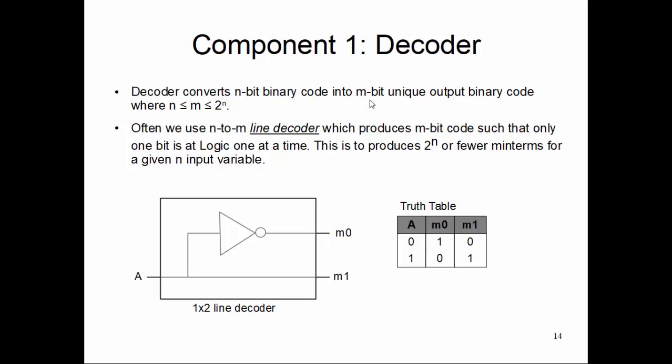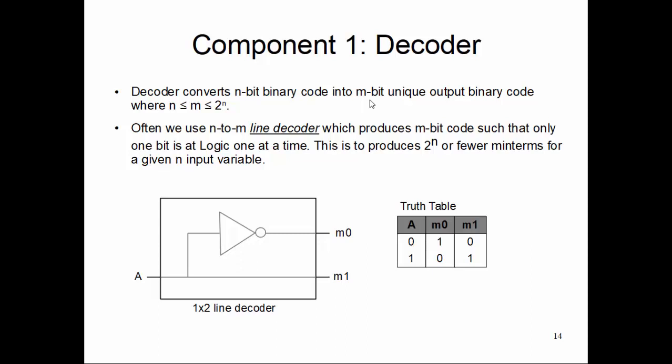In that case, we'll assume there are 4 inputs and 8 outputs. But if I say it's a 4-bit line decoder, we'll always assume my output side is 16 bits, 2 to the power 4, which is 16 bits.